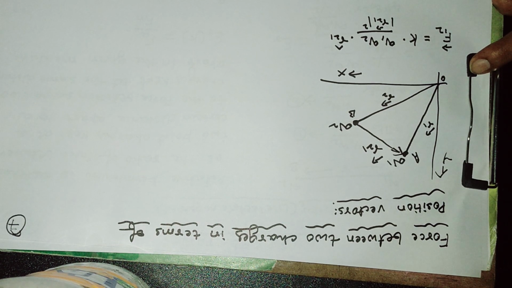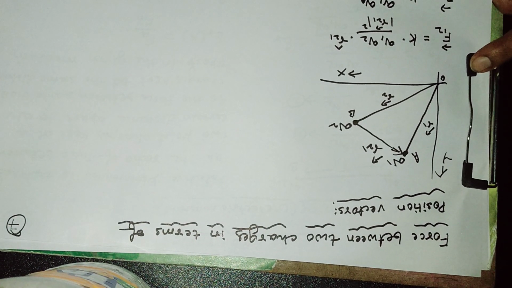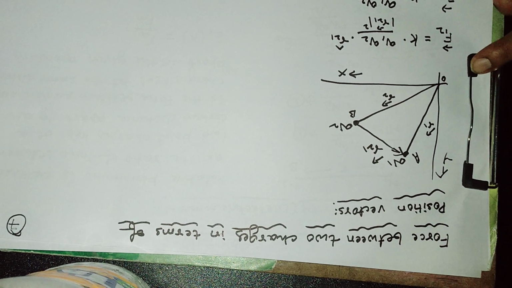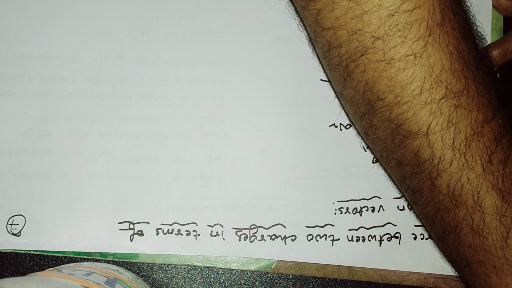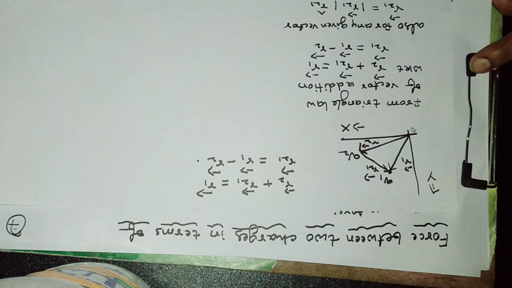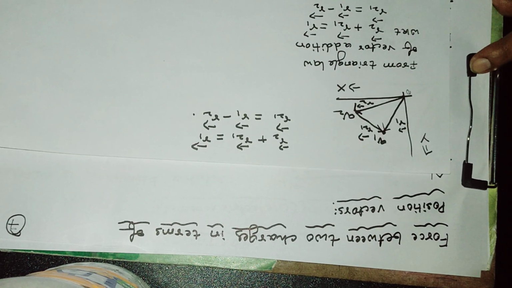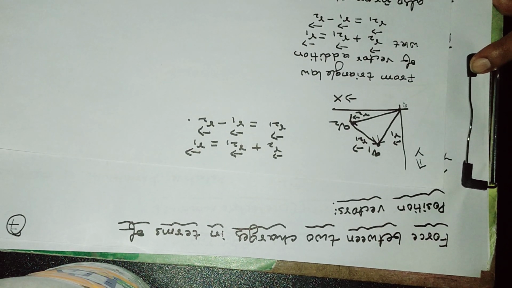Now I can just substitute. F12 is K into Q1 Q2 divided by, just now we had learned that the magnitude of R21 is given by R1 minus R2.